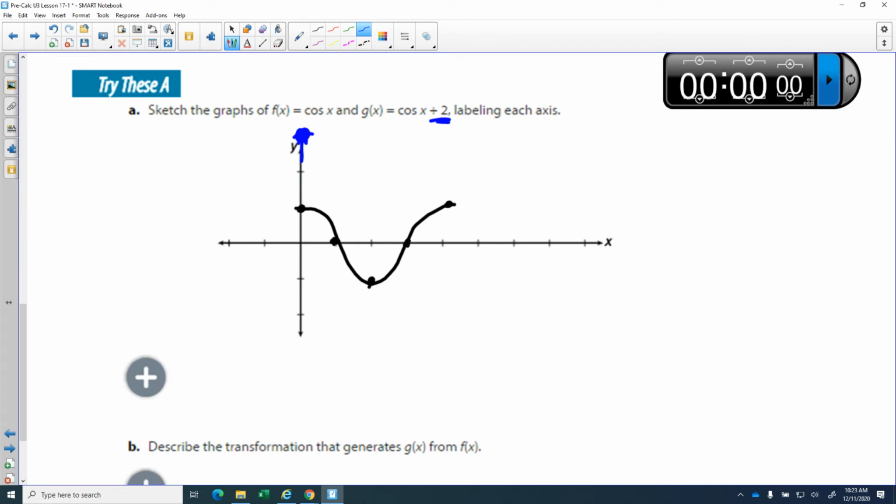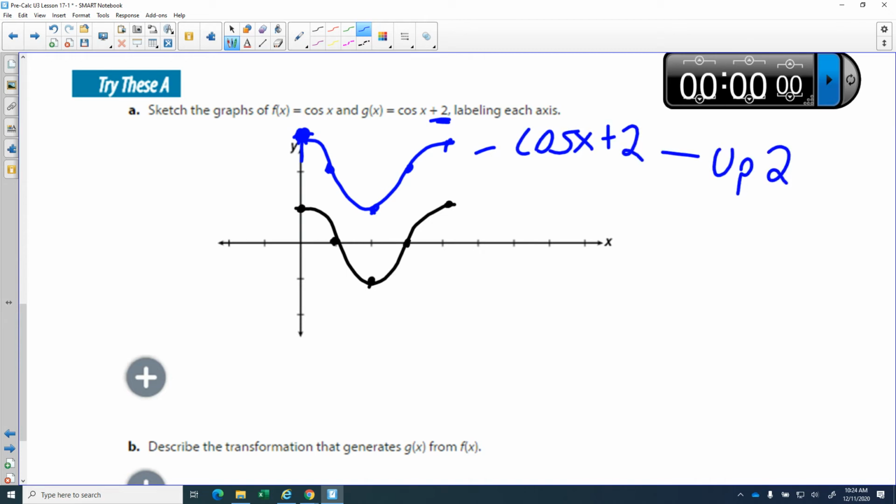Instead of being at 0 for this coordinate, it's going to be raised up to positive 2. Instead of being at negative 1 for this coordinate, it's going to be at positive 1. So notice how it's literally dragging each of these coordinates up. So now my graph looks similar to that in blue. That is my cosine of x plus 2. And the simple fact is that it raised it up 2 units.